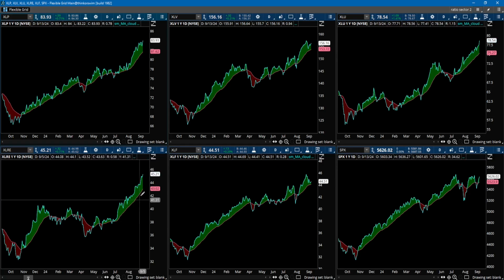And real estate is also continuing to move higher. And the financials, although they did pull back a bit, are holding firm near their high, and it is above the 30-period moving average. And looking at the S&P 500, you can see the relative performance of these defensive sectors. They are pretty much outperforming the S&P 500.